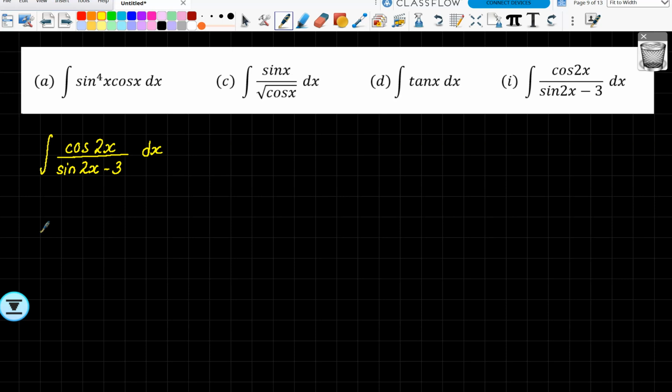Okay, so in this case we will let u be sine 2x take 3, and we will differentiate that using our differentiation rules. Okay, and that will become 2 cos 2x.